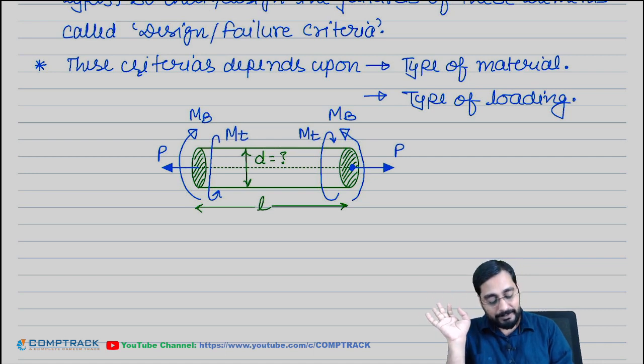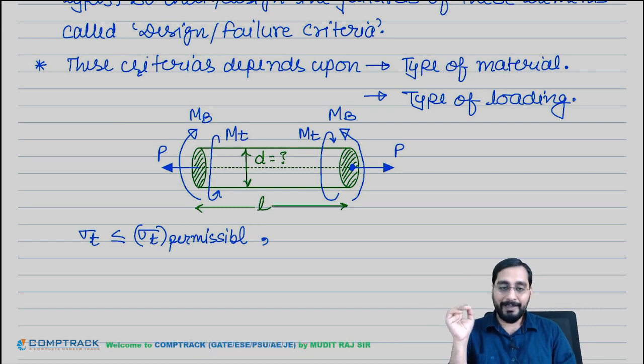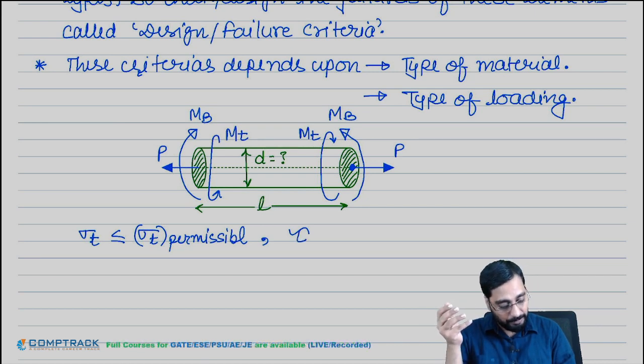Now, you will decide the diameter with the help of different failure criteria. Let's say tensile stress is produced in it, so that must be within limit. The tensile stress must be less than or equal to the permissible value. Yes or no? Next, there will be shear stress also in this. Shear stress must be less than or equal to the yield strength in shear.